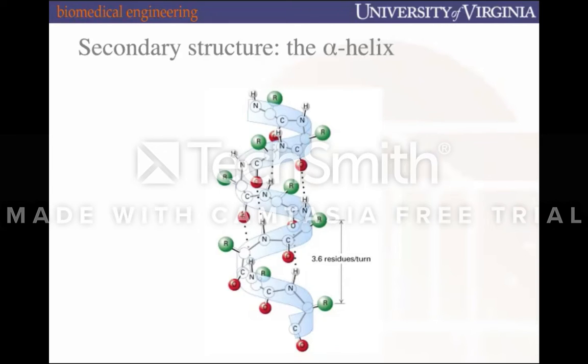Usually for each right-handed turn in an alpha helix, you have 3.6 residues per turn, residues meaning amino acids. It's easiest to take note of the residues by looking at the side chains.